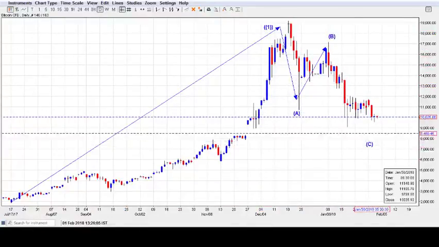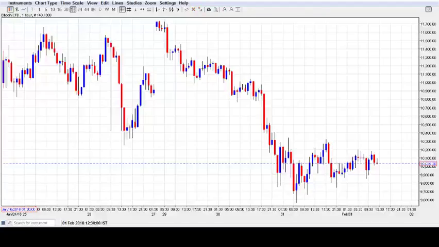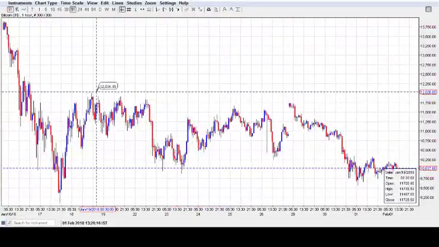All right. If you do a break of the C wave, let's go back on an hourly chart from the 17,000 mark. There you are.